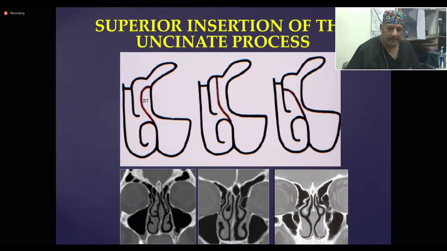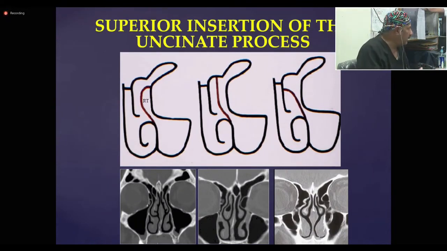Third, the cellularity at the frontal recess is so variable. The anatomy of the frontal recess is so variable. So you have to take all these factors into account, and it requires good three-dimensional dynamic radiology to get used to identifying it for a particular patient.